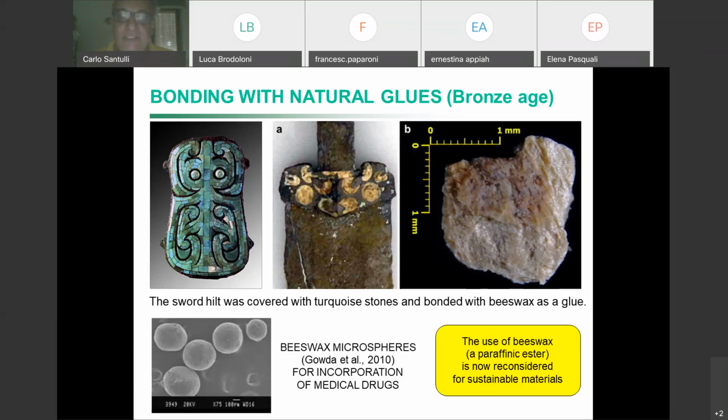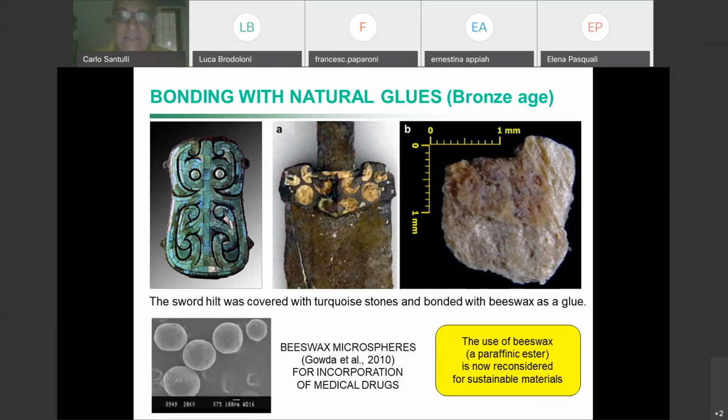A lot of research is going on about glues, because glue is a critical element, as I was saying before, because it is a substrate. At the end of life, it has to bond well, and at the end of life, it has to be detached. This is not a problem with beeswax because it's degradable. It is a problem with synthetic glues.